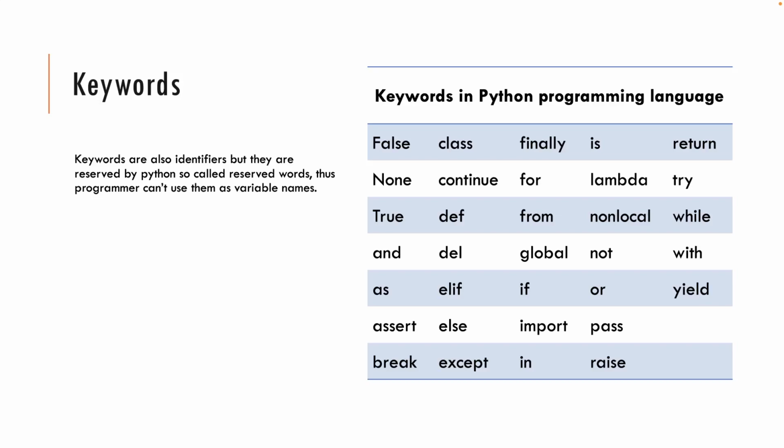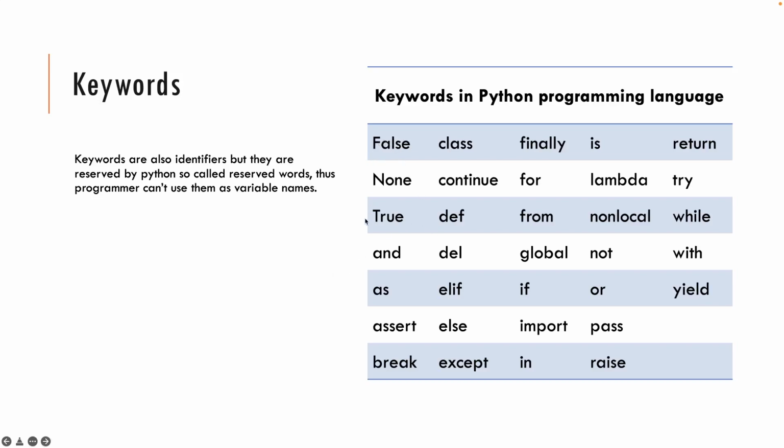What is a keyword? Keywords are also identifiers, but they are reserved words, so that the programmer can't use them for his purpose, such as naming a variable, naming a function, class, objects, and so on. So can you see here the built-in keywords?